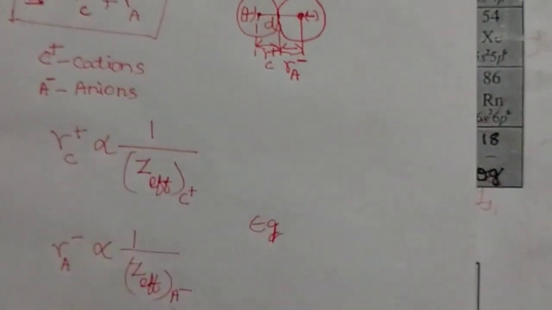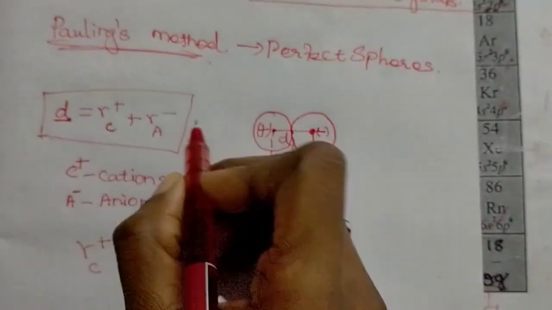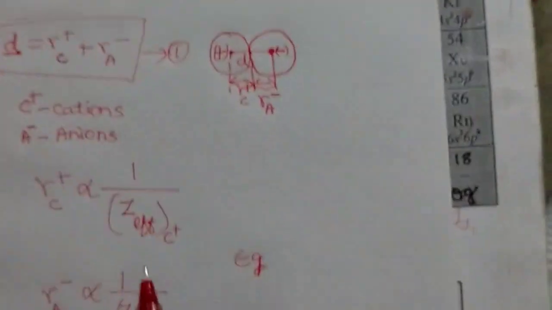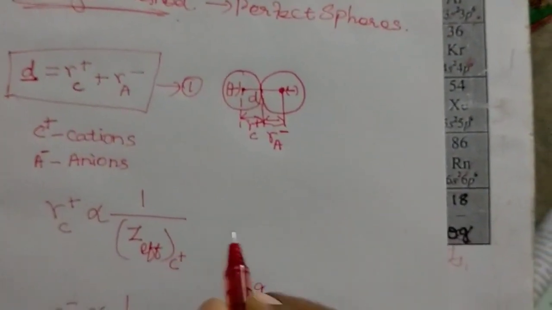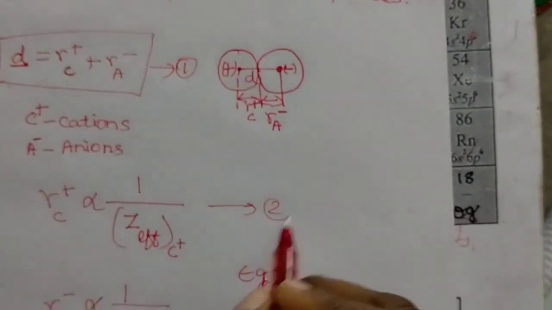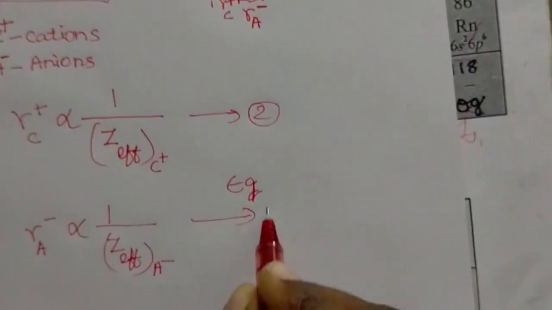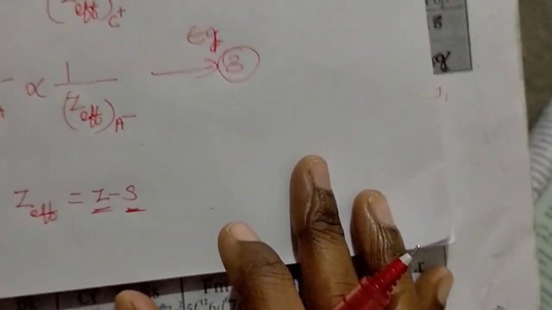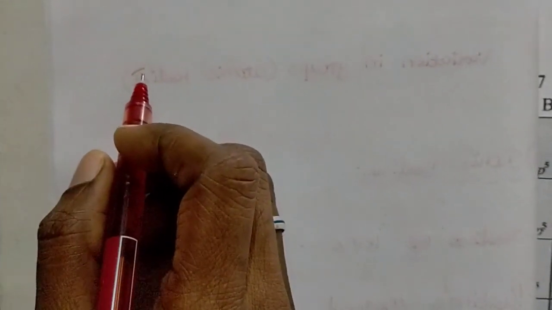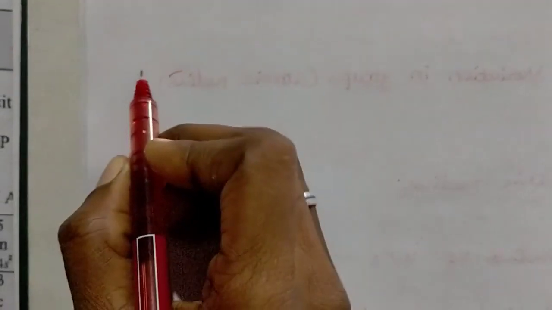For that you have to number these equations: equation 1, equation 2, equation 3. Divide equation 2 by 3.